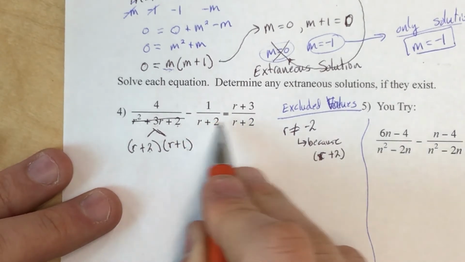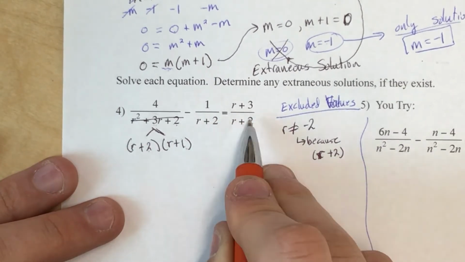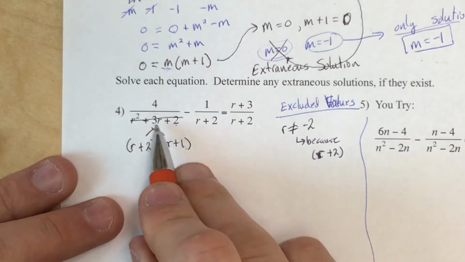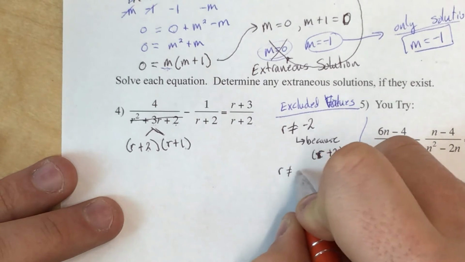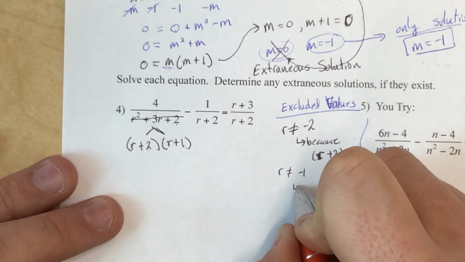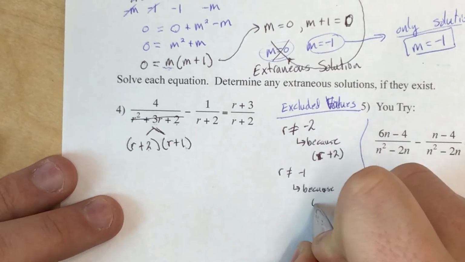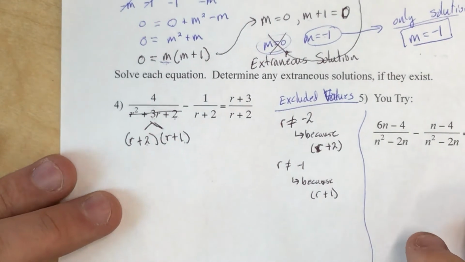I know that r plus 1 is not a factor of either of the other two fractions. However, as soon as it's an excluded value in one, it's an excluded value for the whole equation. So r cannot equal -1 because of the factor r plus 1. In this case, we have two excluded values.